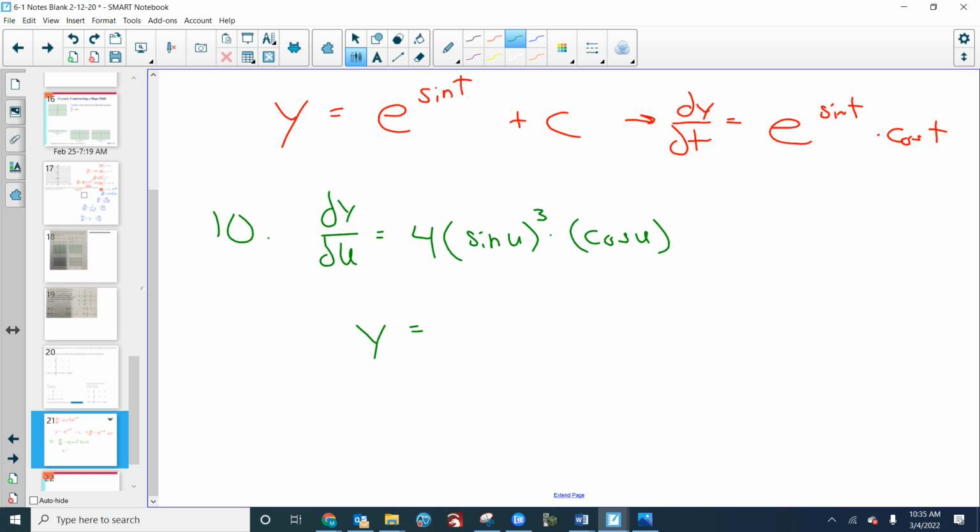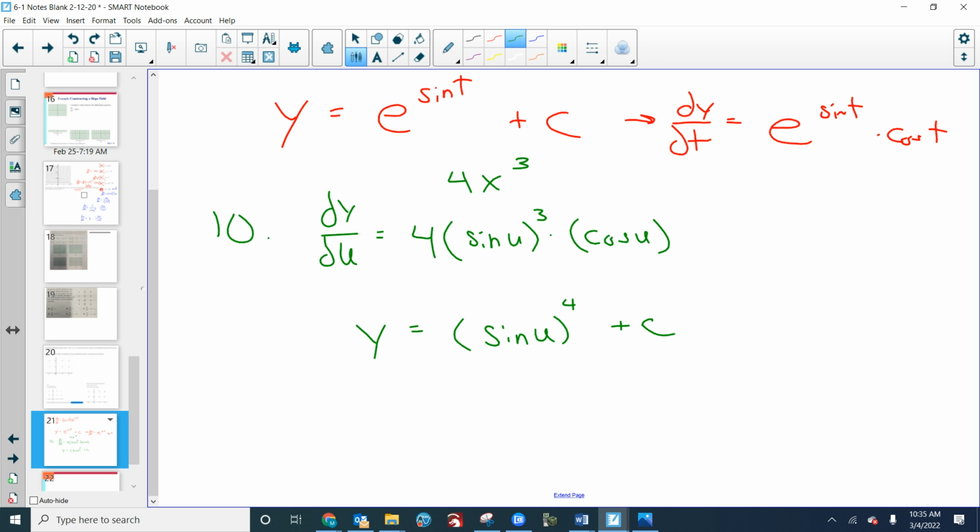Well, I look at this as another reverse chain rule. Do you guys agree if this was 4x cubed, wouldn't the antiderivative be x to the 4th? But it's composite. So let's try sine of u to the 4th and see what happens.